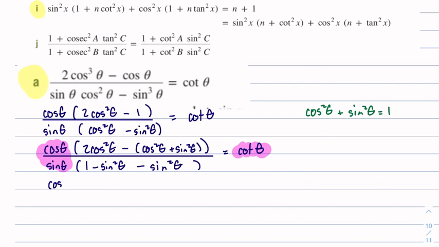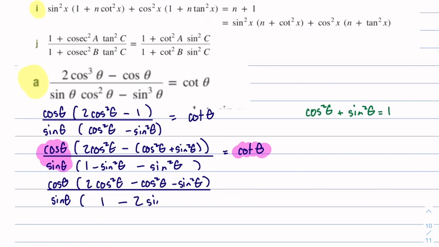So I've got cos theta at the start of the top and sine theta at the start of the bottom. The top comes out as 2 cos squared theta minus cos squared theta minus sine squared theta. The bottom comes out as 1 minus 2 sine squared theta.